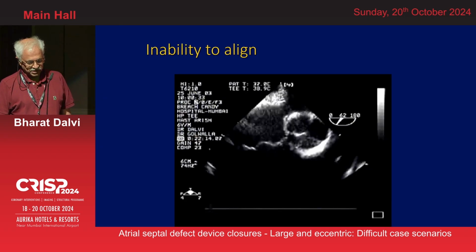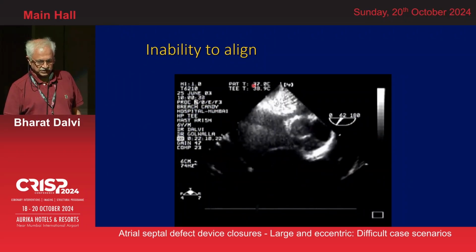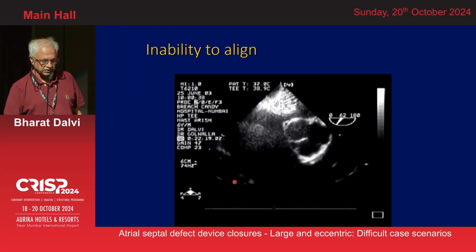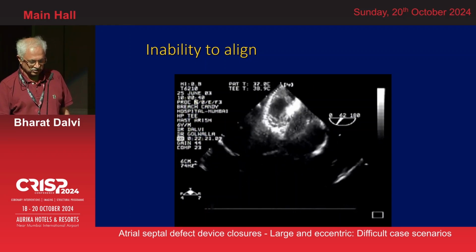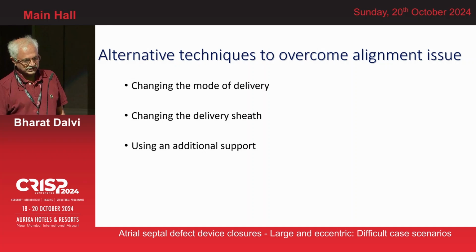So this is what I mean by primary malalignment. Instead of the left atrial disc opening parallel to the interatrial septum, it keeps on opening perpendicular to the interatrial septum, and that's quite frustrating to see.